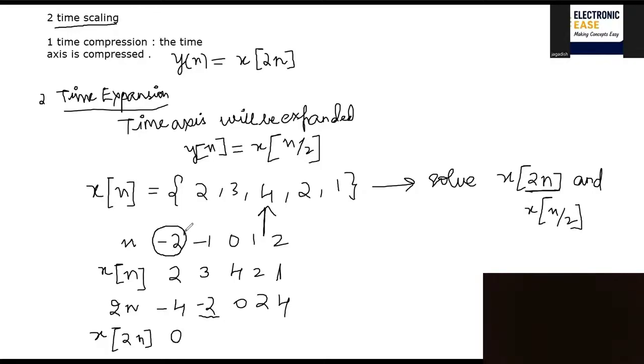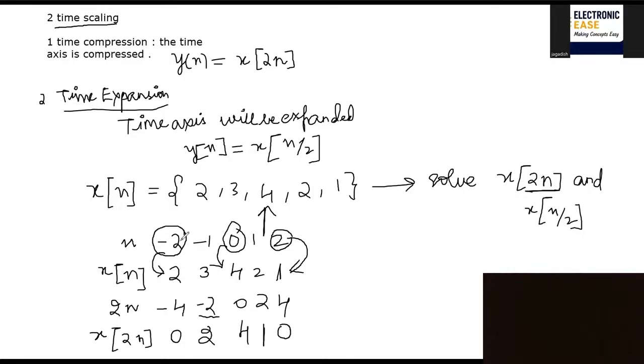At -2, I can see 2. So at -2, it is 2. At 0, what I'm seeing, students? 4. I'm seeing 4, that I have to substitute. At 2, what I'm seeing? 1. That I have to substitute. At 4, I don't have anything, I have to put 0. So like this, you need to work for x of 2n.